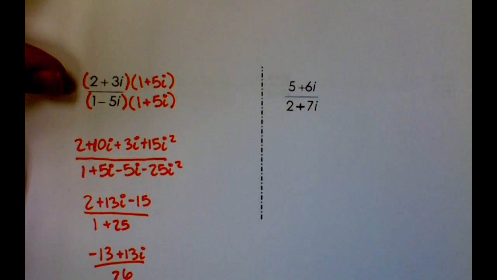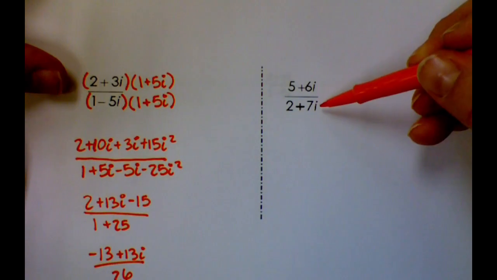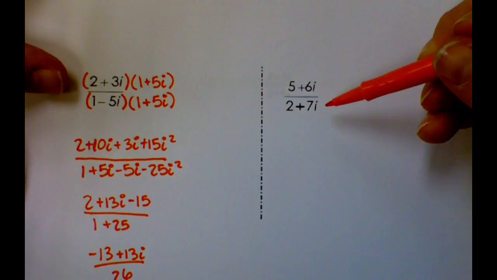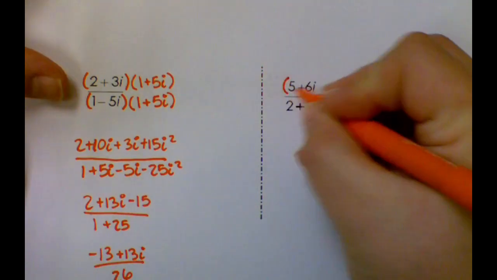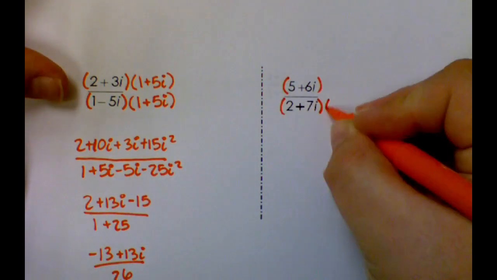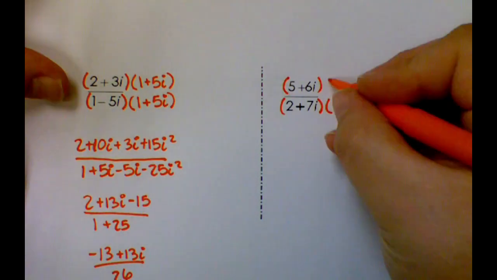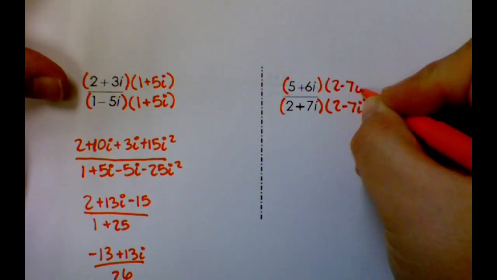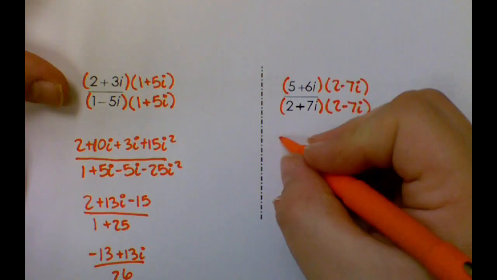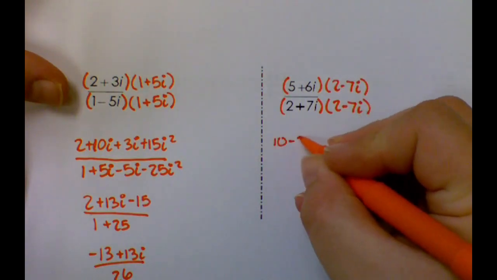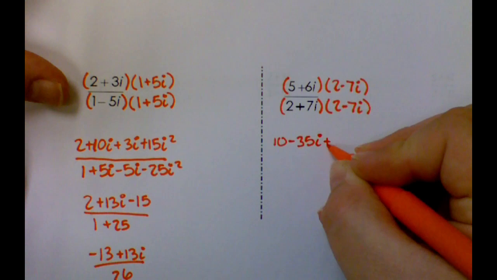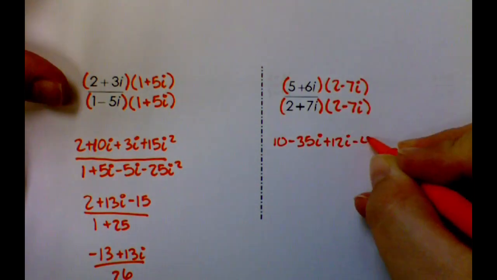Let's try the second one. I have an imaginary number in the denominator, which means there's a square root, which means I have to fix it. I multiply the numerator and denominator by the complex conjugate of the denominator, 2 minus 7i. FOIL out the top, I'm going to get 10 minus 35i plus 12i minus 42i squared.